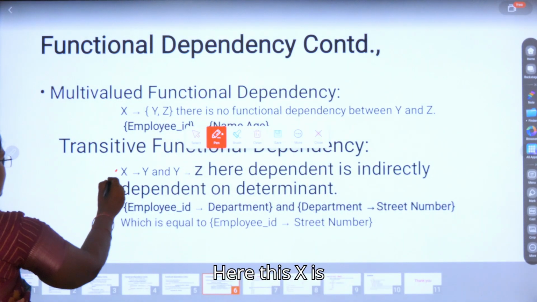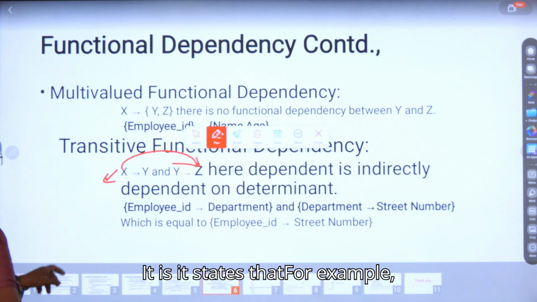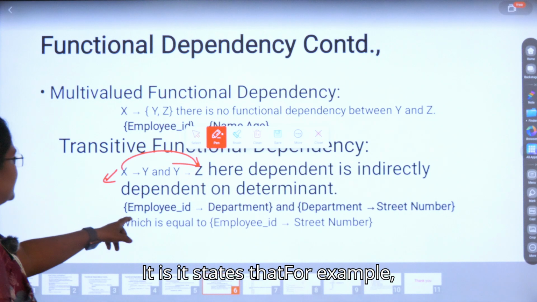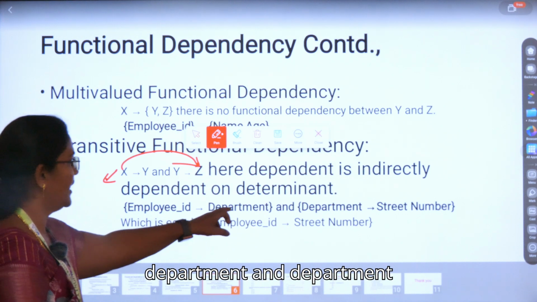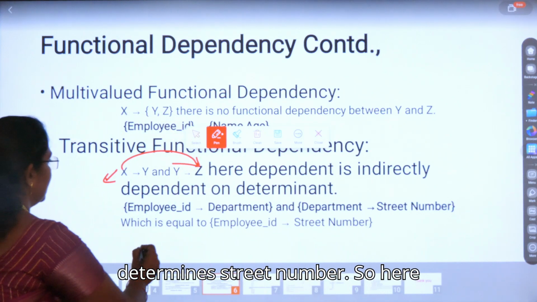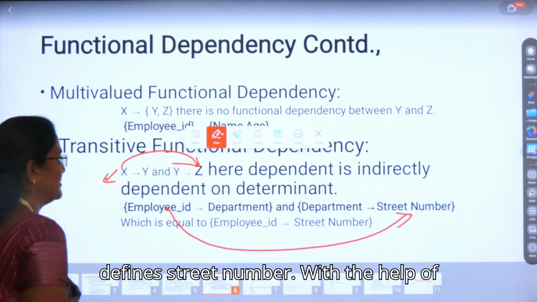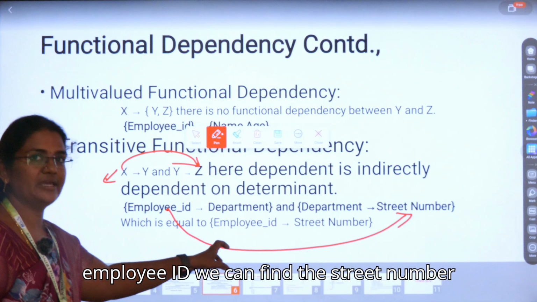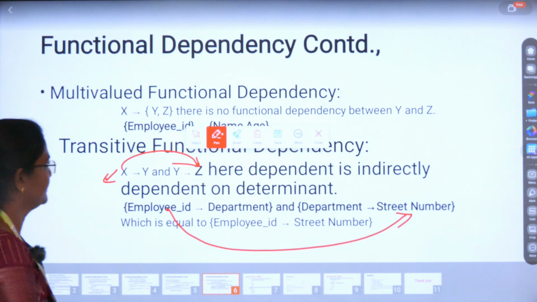Here X is indirectly related to Z. For example, employee ID determines department and department determines street number. So here employee ID indirectly determines street number. With the help of employee ID, we can find the street number of the employee.